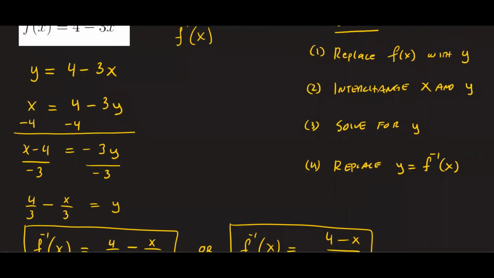So now that we know the steps, let's do another example. So here's our second example. We're looking for the inverse function of g. So we're looking for what is g inverse of x. What is that formula? So we'll follow the steps. So the first step was to call f of x equals y.